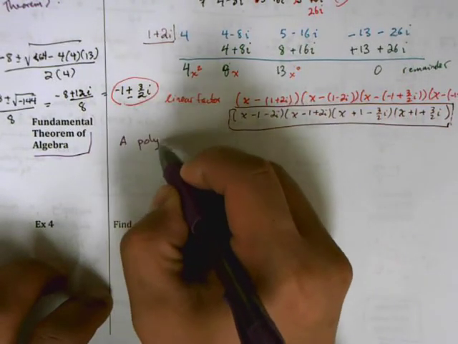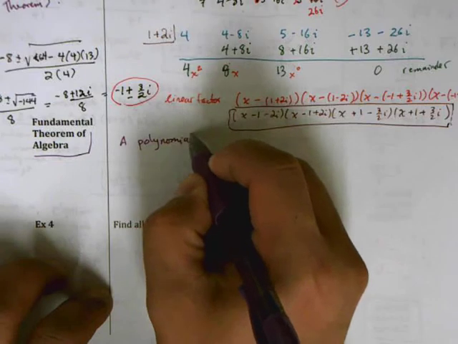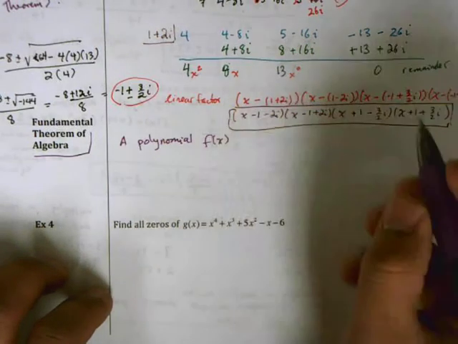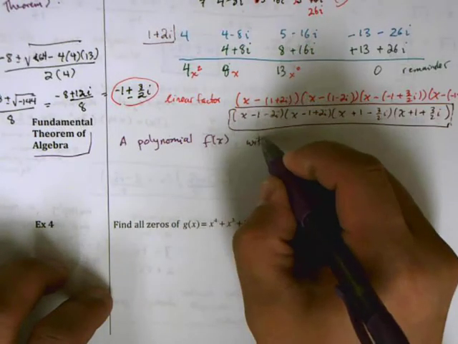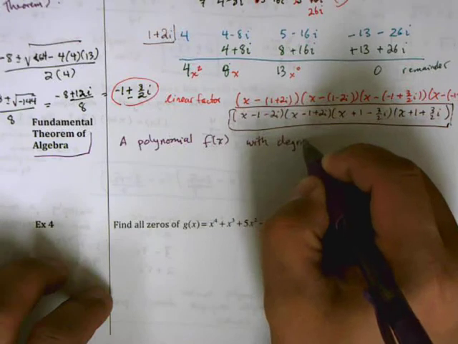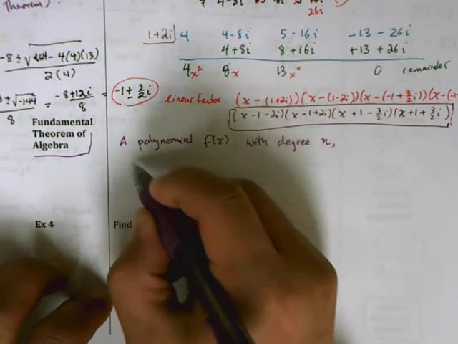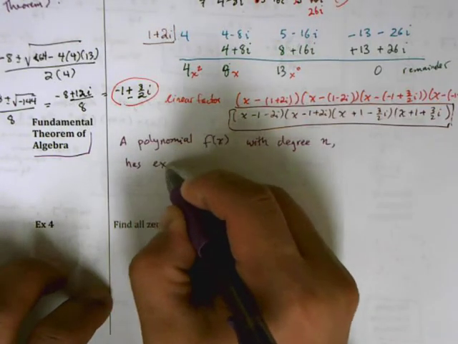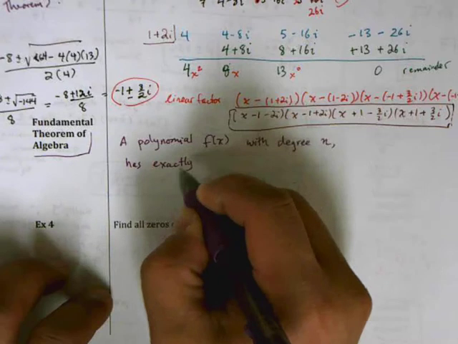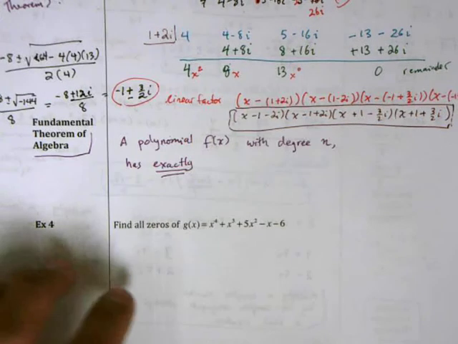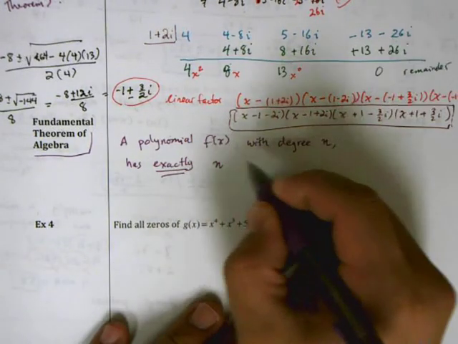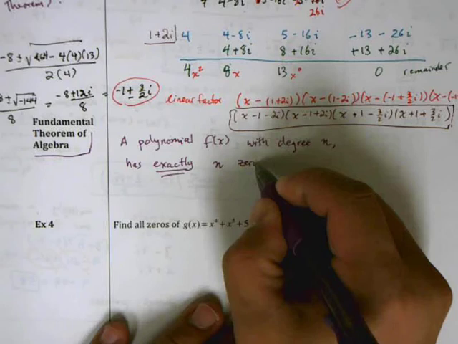A polynomial f of x with degree n has exactly, and that's nice when you can say the word exactly in a theorem, n zeros.